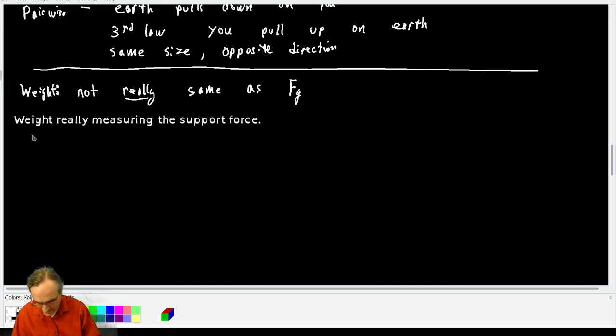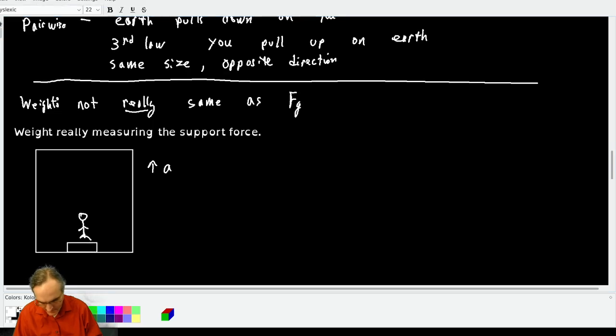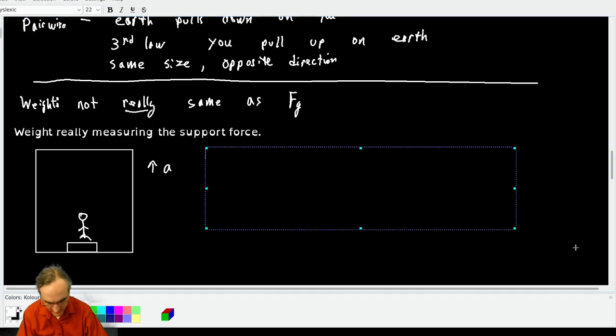So if you imagine getting inside an elevator and you've got a little bathroom scale, and then you come along and you stand on it and the elevator begins to accelerate upwards, right in the moment when it's accelerating, the scale will read higher.